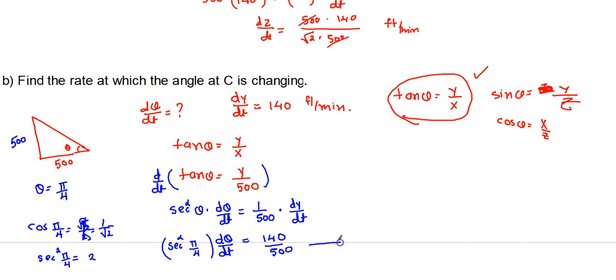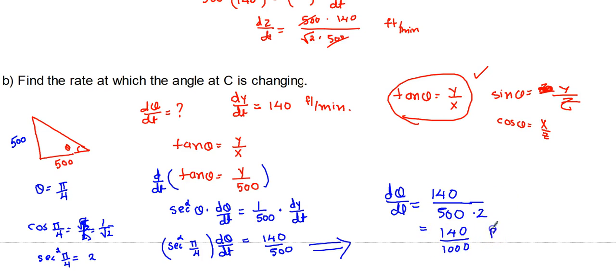So if I substitute that information here, I will have d theta/dt equal to 140 divided by 500, and that 2 goes in the denominator. So this will be 140 over 1000 radians per minute.